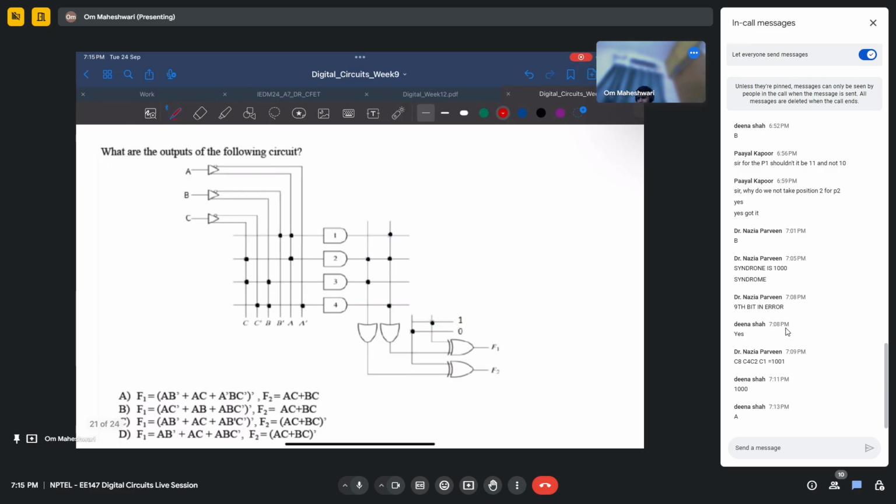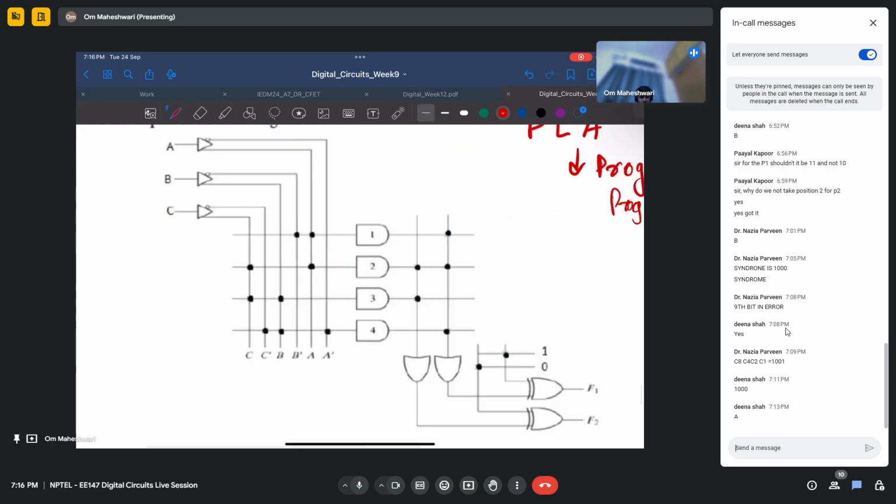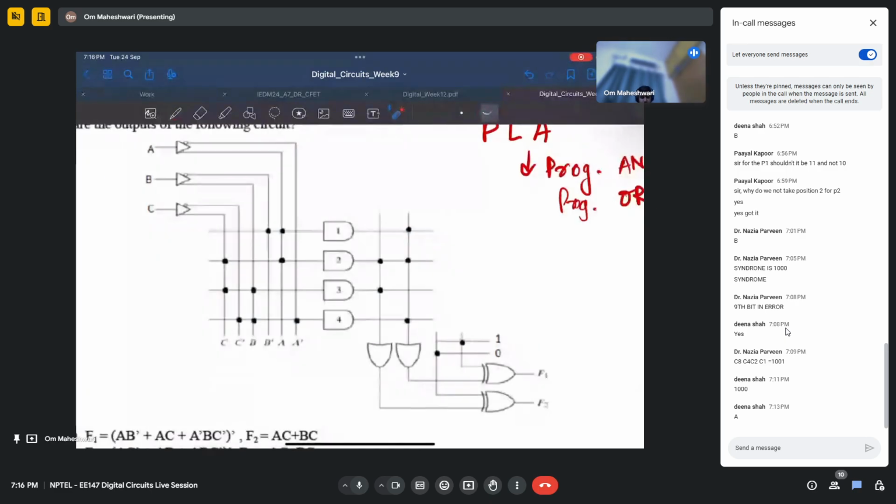This is PLA, where we have programmable AND and programmable OR. What does this mean? How are we saying programmable? There are no fixed connections to all these. It could have been this, or this, or this. So this variability in choosing these connections is the programmability.